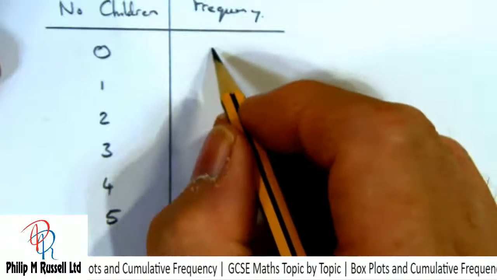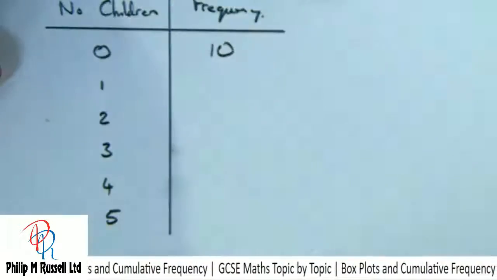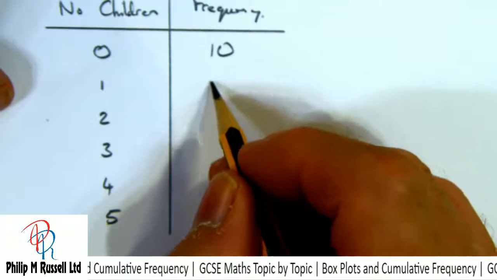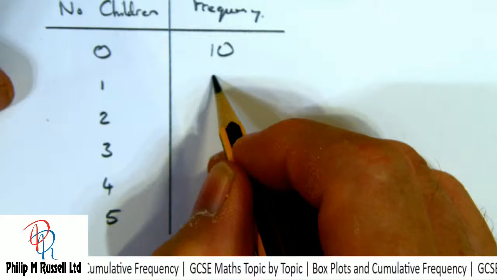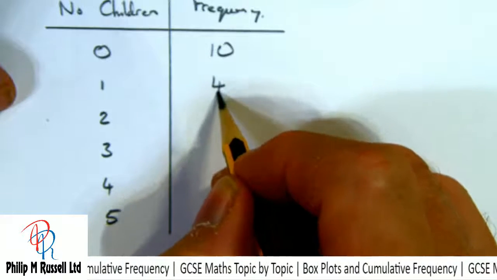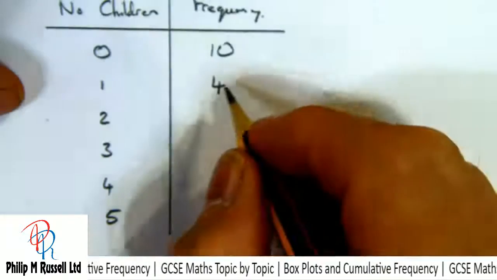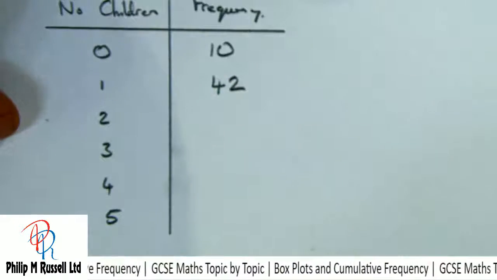So we'll have 10 families that have no children. We can have something like 40, I don't know, let's go for 42, my favourite number.